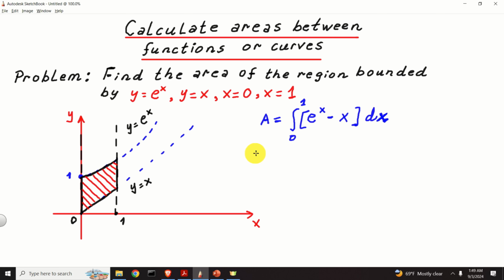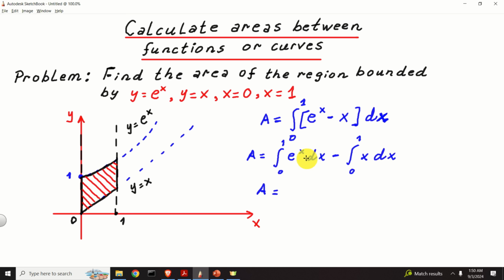We have A is equal to the integral of e to the power x from 0 to 1 dx minus the integral from 0 to 1 of x dx. Now, let's first of all evaluate this integral.